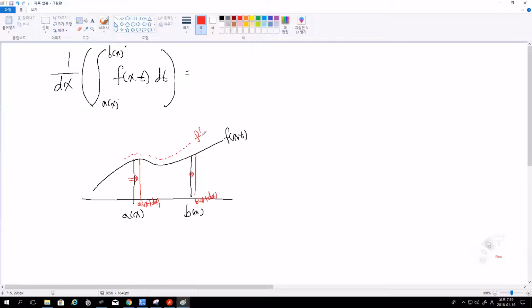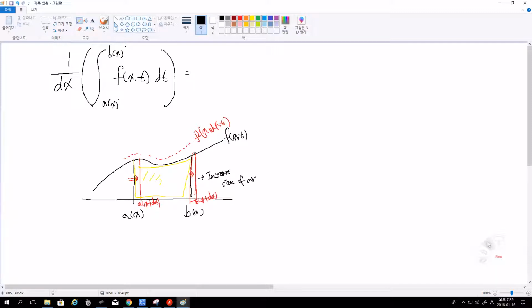So f(x plus dx, t). Okay. About this part, when this part changes, the original integration is this area, right? This area is the original integration. But when this part changes, this increases the size of the area.